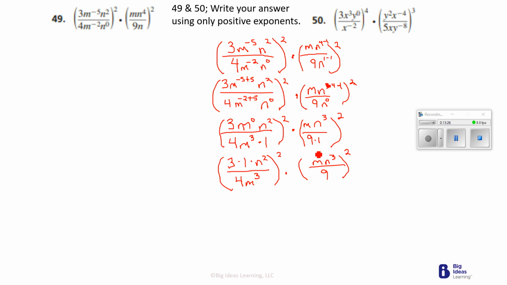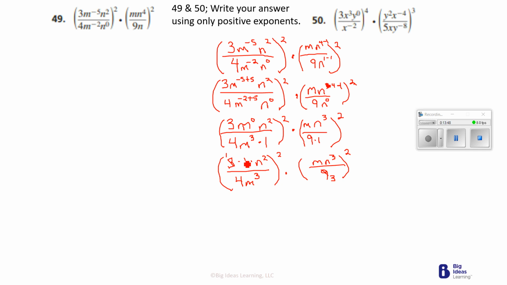Now remember, the rule is if the exponent is the same, we're allowed to multiply our base. So now I can multiply these bases together. Let's see, well, 3 times 1 is 3, but I also see 3 and 9 here on the bottom. So 3 divided by 3, we're reducing here as 1. 9 divided by 3 is 3.